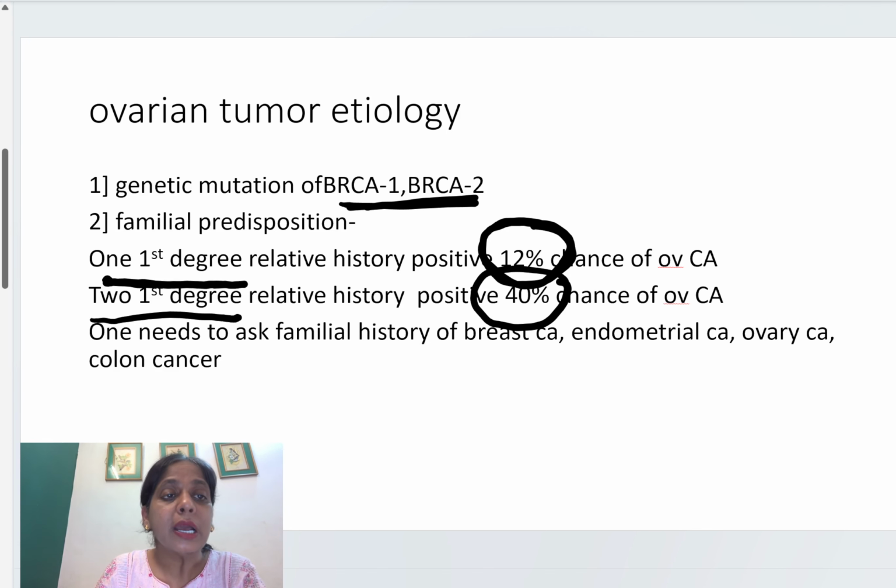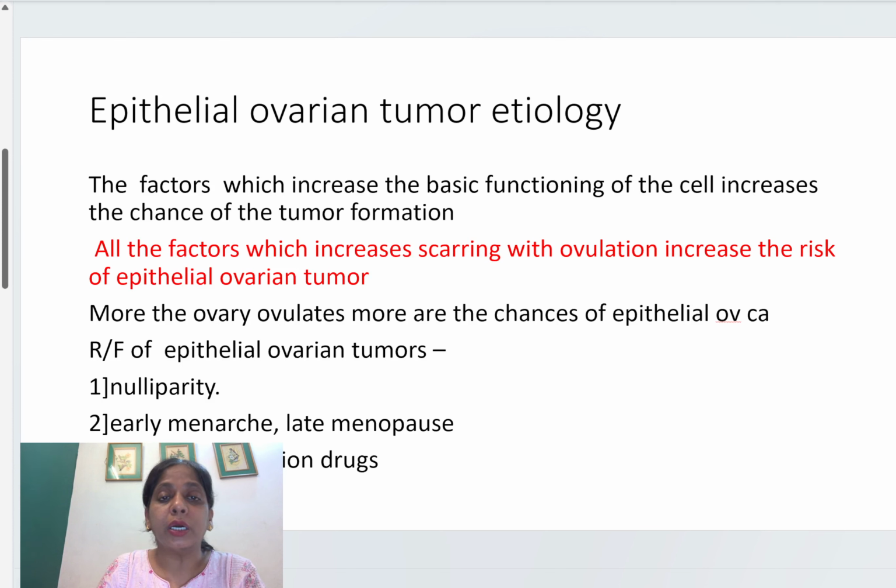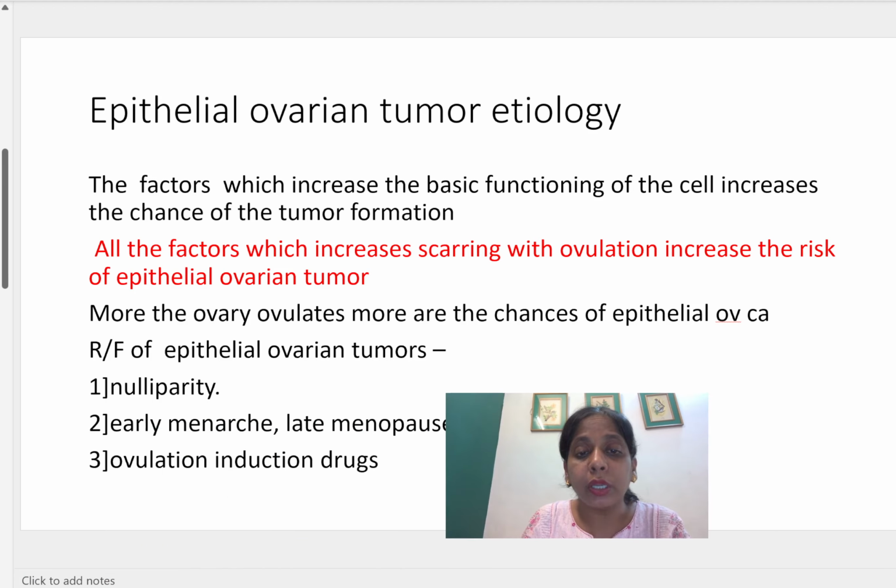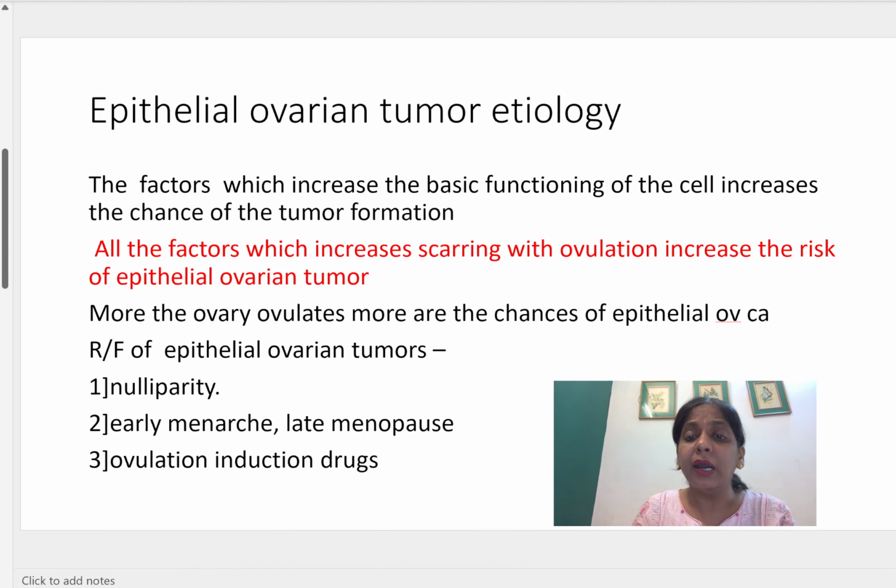Okay, so this was the common etiology of all three types of ovarian tumors which we discussed. Now let's go to the specific etiology of the epithelial ovarian tumor. In addition to the BRCA mutation, epithelial ovarian tumors have these etiologies also.